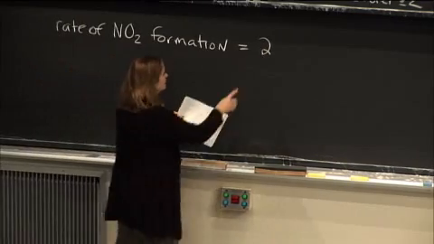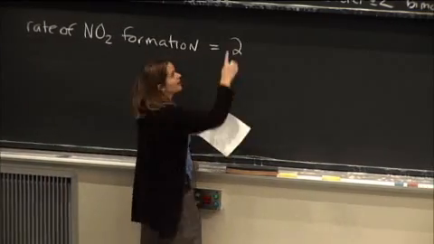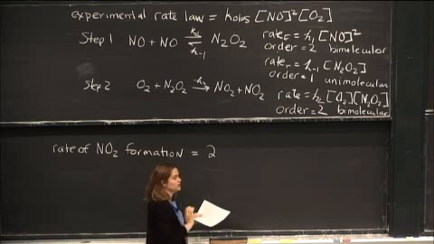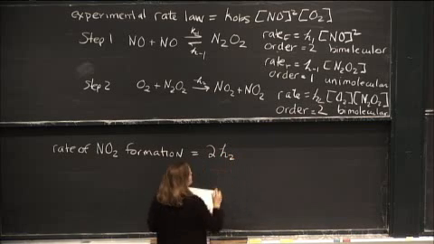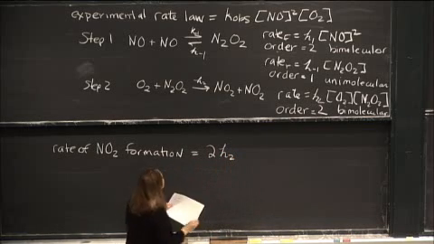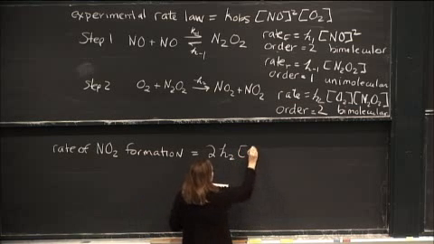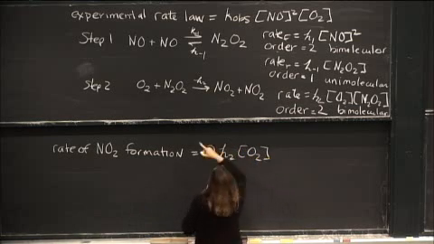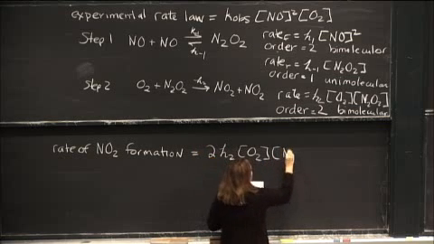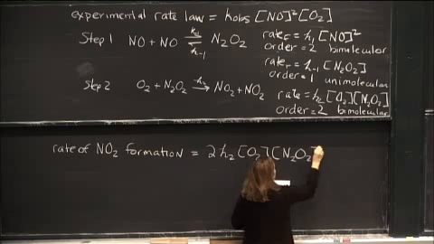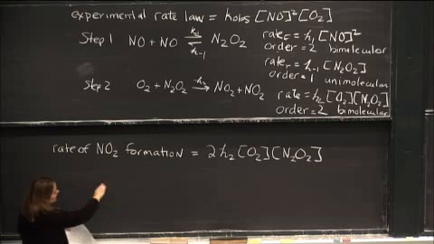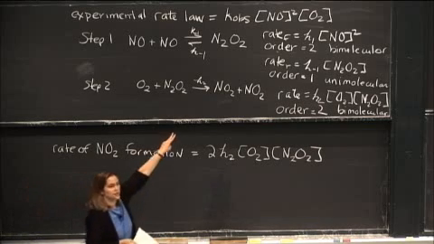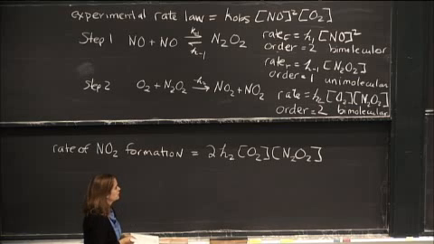But if you see a 2, and 2 things are being formed, you know where that comes from. So 2 times K2, that's the rate constant of that last step, and we're talking about the concentration of O2 and the concentration of N2O2. So we're writing out just that last step there with the 2 because 2 molecules of NO2 are being formed.